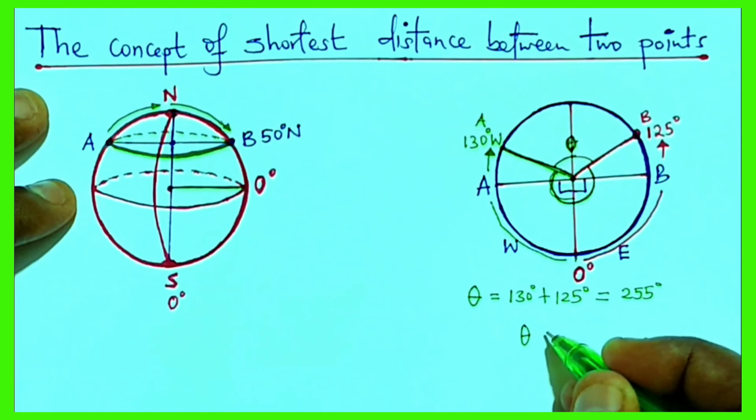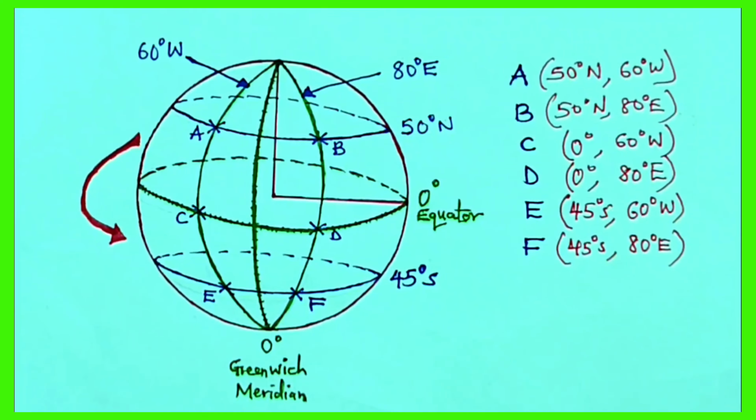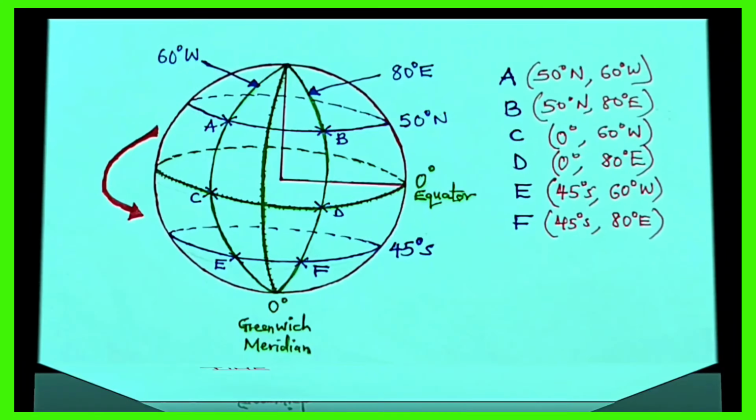Let's consider the concept of time. We know that the Earth will rotate in an anti-clockwise direction and that it takes 24 hours to make one complete rotation.